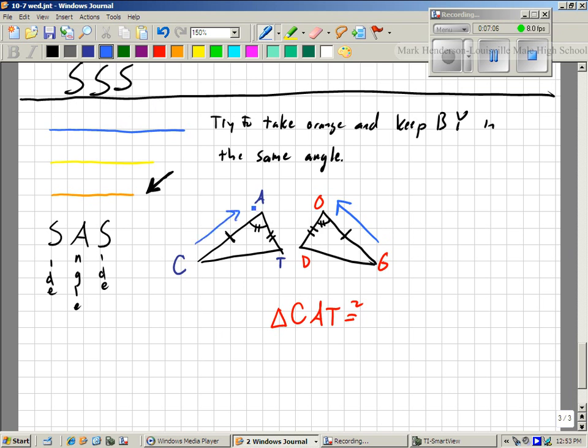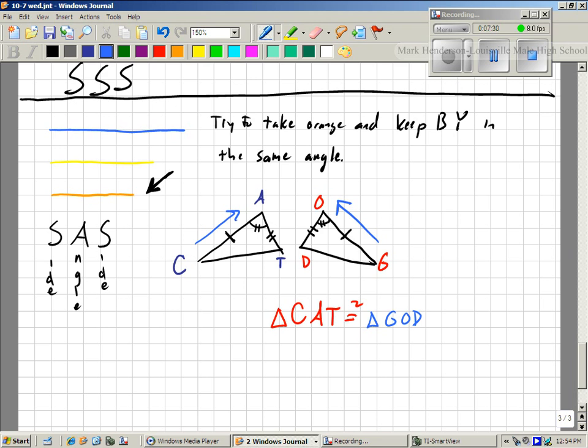C goes this way. So it's not congruent to DOG, it's congruent to GOD. Okay? So that is a very, very tricky way.